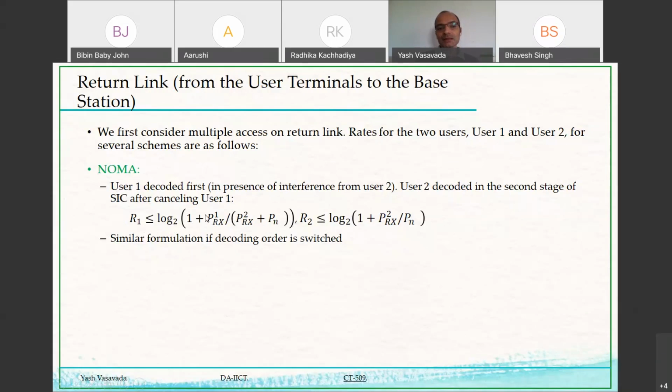Remember, we have said that the transmitters know this PRX1 and PRX2 values. So user 1 transmitter will calculate this quantity and it will use the appropriate LDPC or turbo coding whose rate meets this inequality.